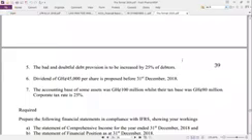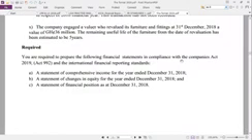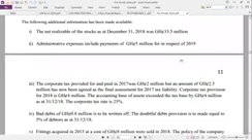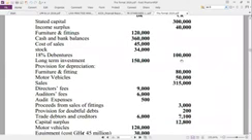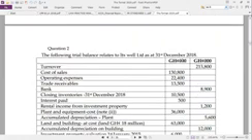Now let's look at this note. Let's go to question 2. Question number 2, one of the notes. I need only the first sentence.